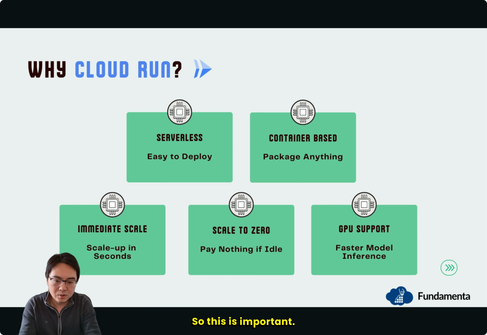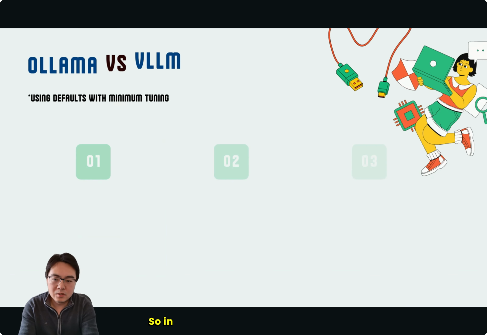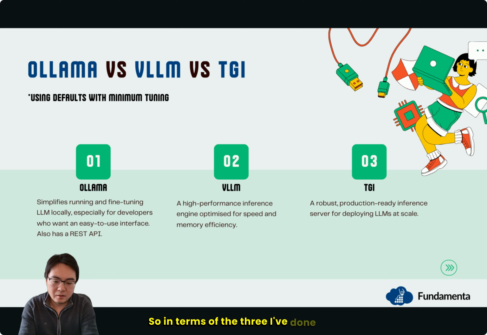So this is important. In terms of the three I've done and compared with, that's Ollama, vLLM, and TGI. Keep in mind that I'm not an expert on either of these, right?